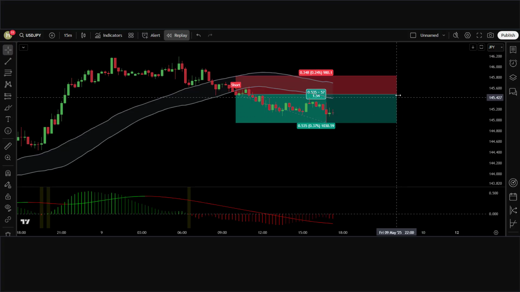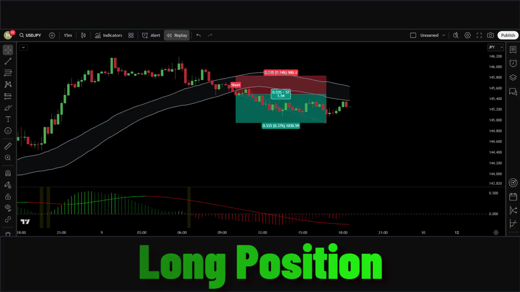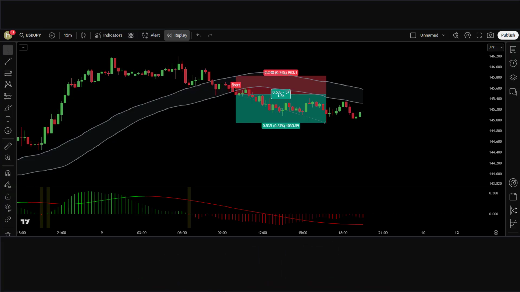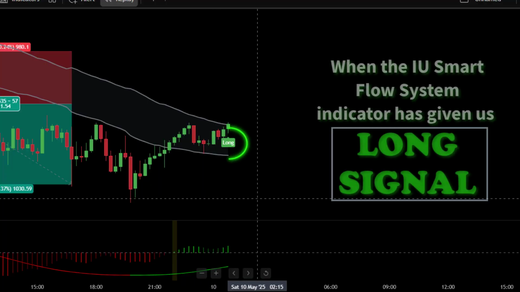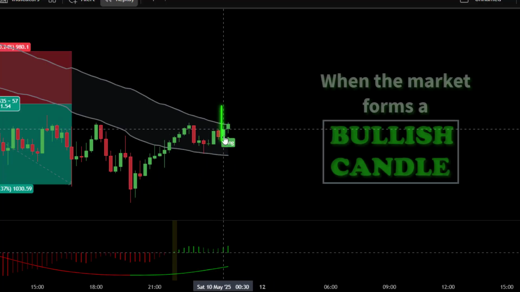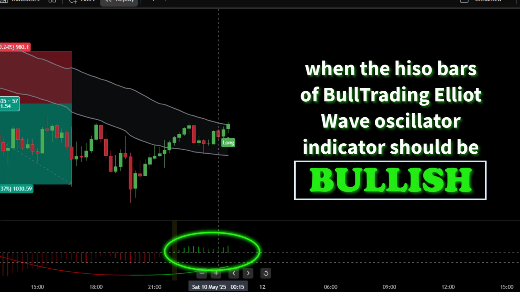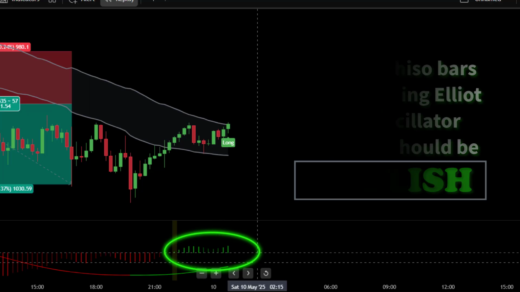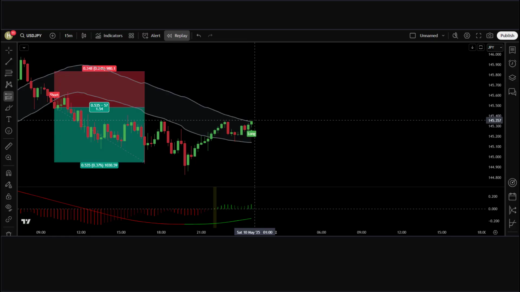The market has completely hit the target. Now let us understand long position. When the IU Smart Flow System indicator has given us long signal, when the market has formed a bullish candle, when the ISO bars of BullTrading Elliott Wave Oscillator indicator are bullish, if this condition is fulfilled, then we will place buy order.